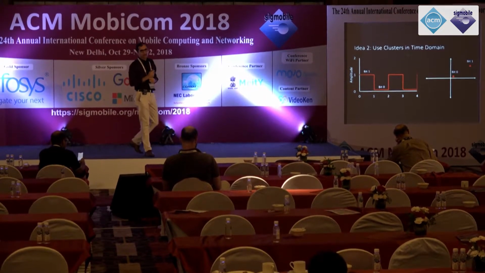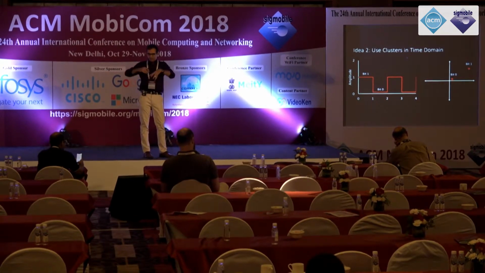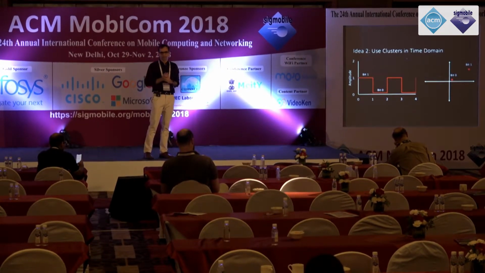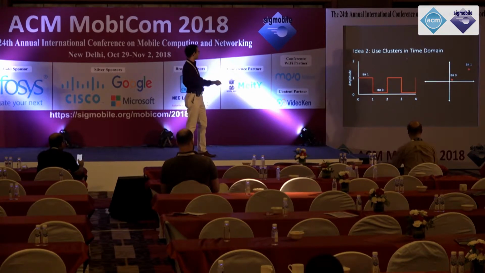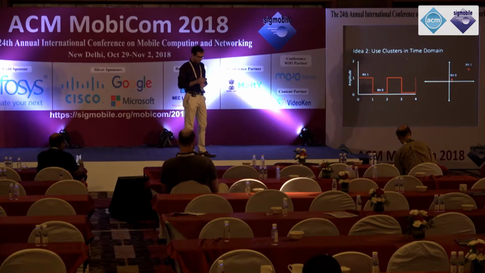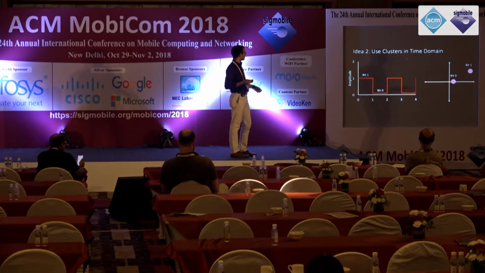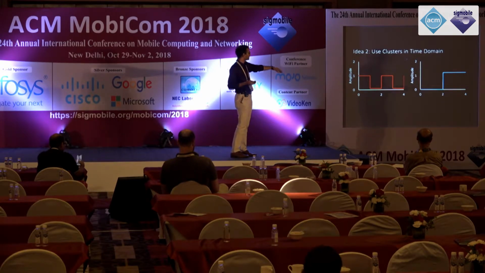The other idea, which is more relevant to the paper tomorrow, is using clusters in the time domain. At a very high level, let's say I want to send the bits 1, 0, 1, 0. They represent two different things in the IQ domain. There's bit 0 and there's bit 1 in the complex space. What happens if multiple tags collide? Say one tag wants to send 1, 0, and the other wants to send 0, 0, 1, 1.